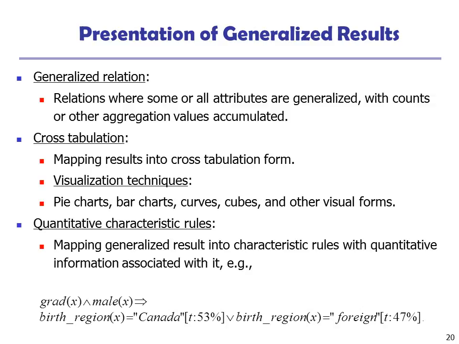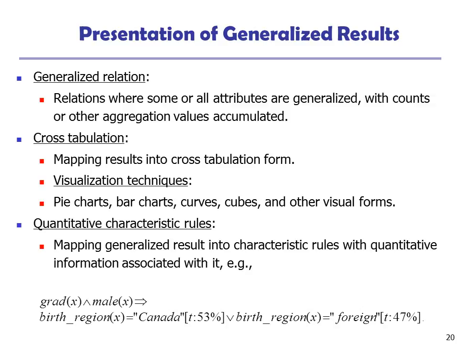Other than these two, you can also come up with quantitative characteristic rules. Basically, these are similar to association rules, which we looked at a basic example of in the first chapter, and in the next chapter we're going to see some association rules.